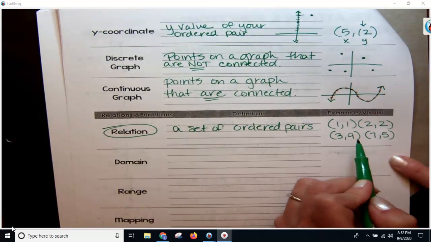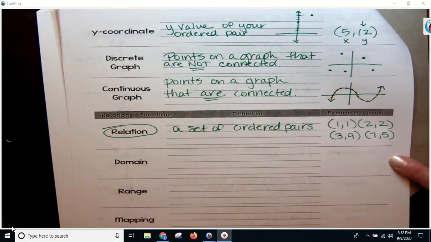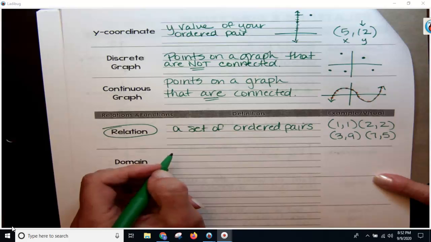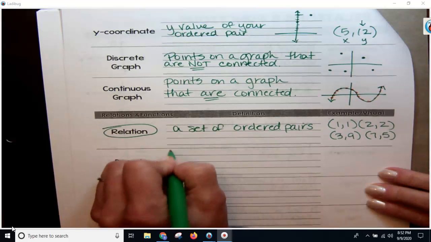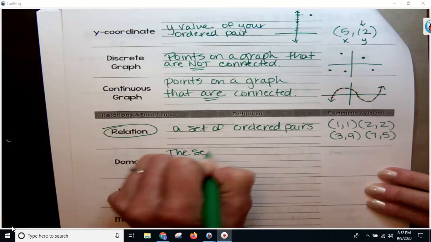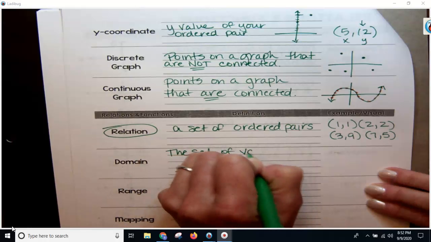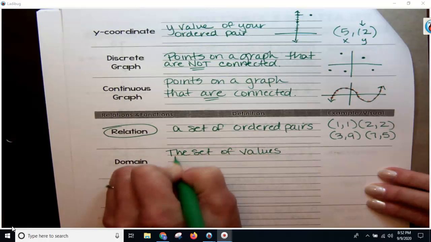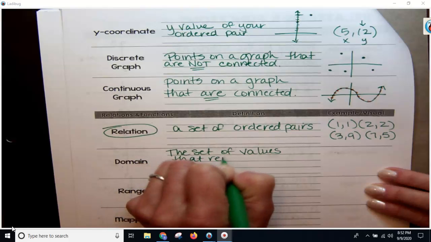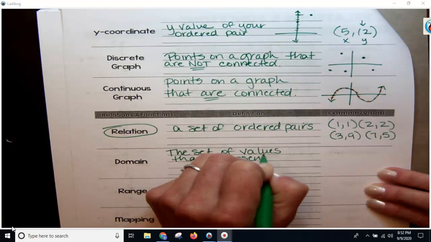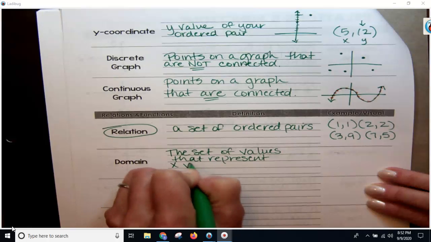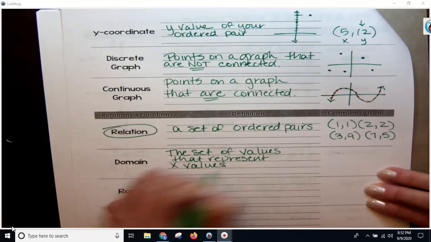These would be a set of ordered pairs. This would be a relation, okay? Domain is always going to be the set of values that represent your x values. All right.